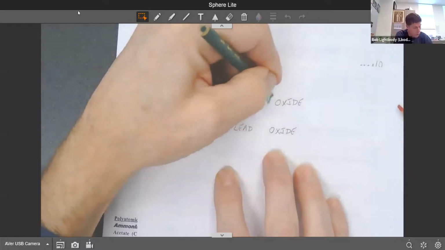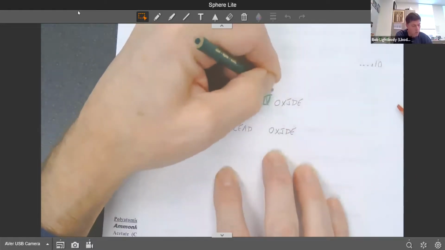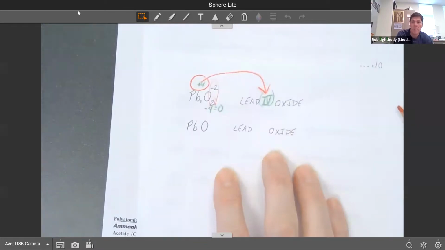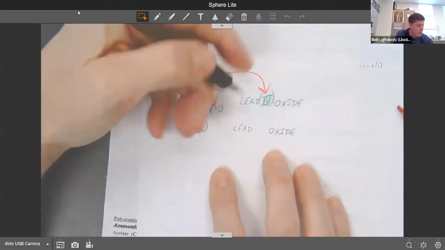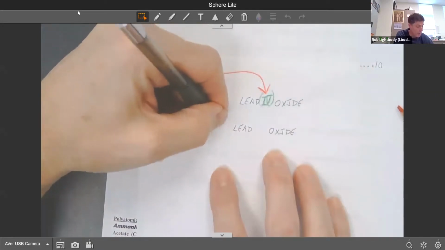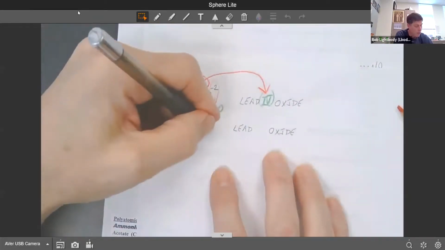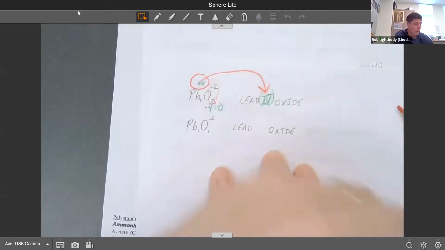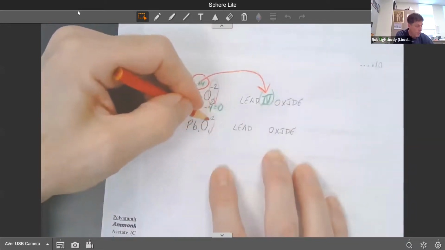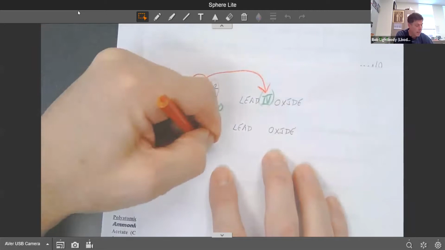And 4 is 1 less than 5. Pb is 5. So it would be written as that. Let's do the same thing on the other one. Oxygen is still going to be a -2. It always has to be. There's one oxygen, so the oxygen is going to carry a negative charge of 2.